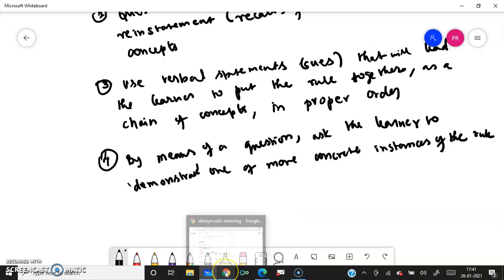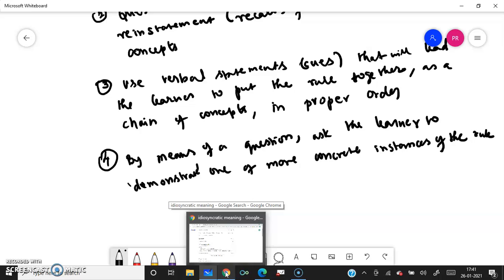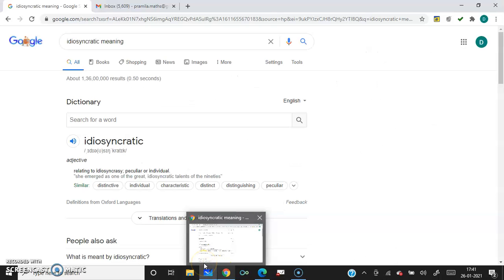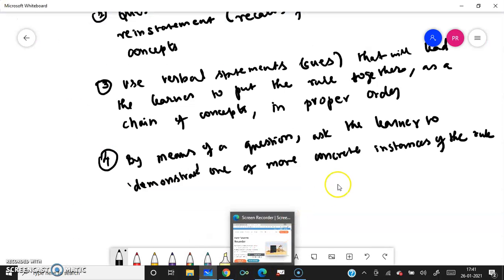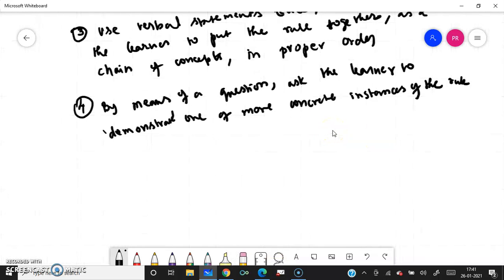By means of a question, you can ask the child something and ask the learner to demonstrate. So you have learned something, now demonstrate it. So this can be the 4th step.